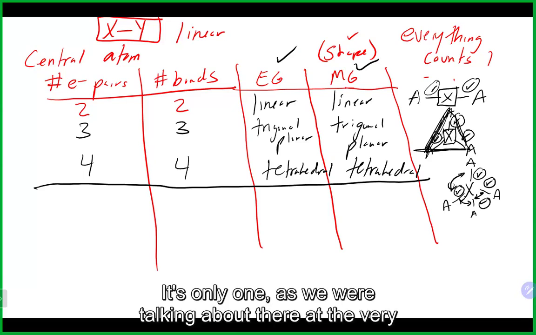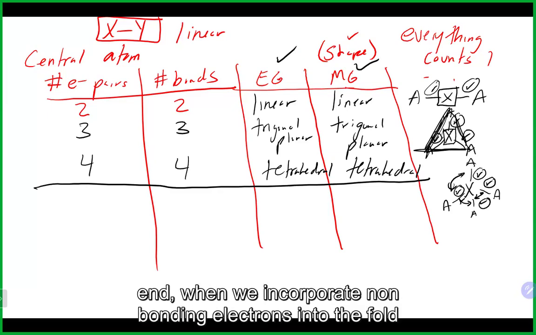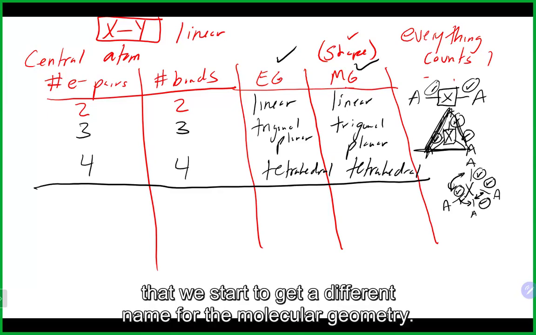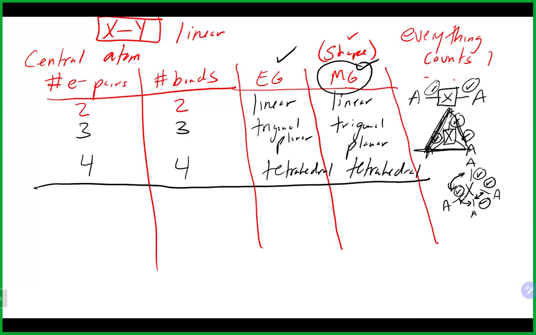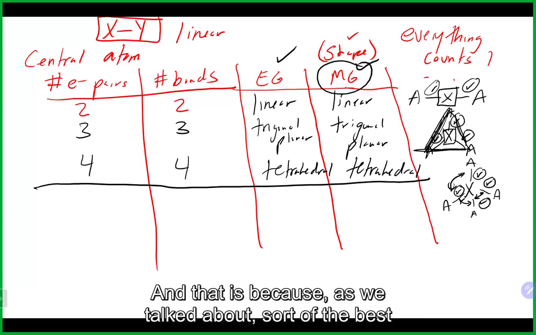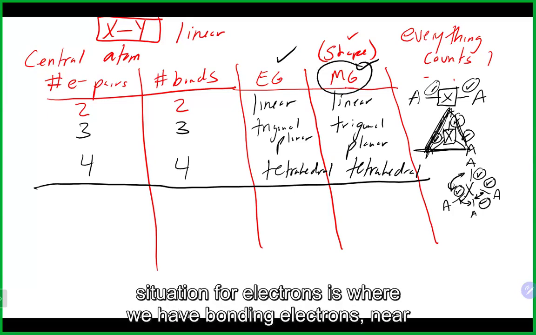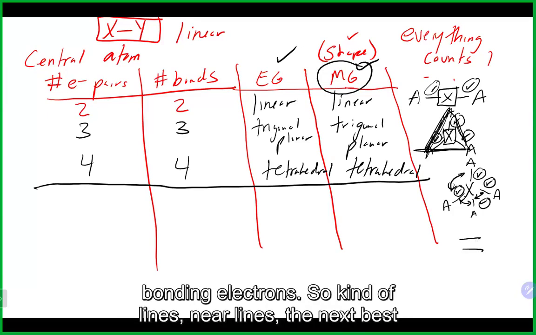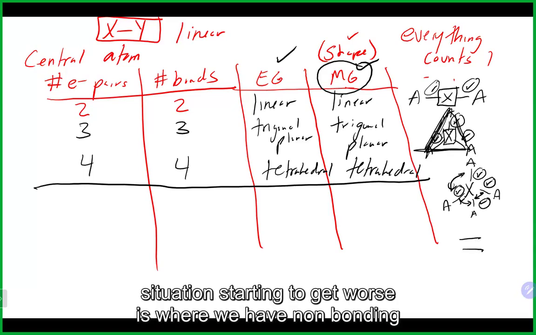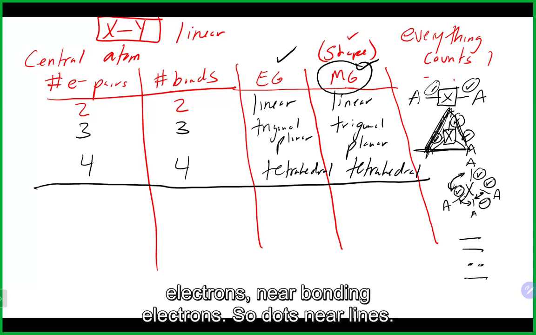It's only when, as we were talking about there at the very end, we incorporate non-bonding electrons into the fold that we start to get a different name for the molecular geometry. And that is because, as we talked about, the best situation for electrons is where we have bonding electrons near bonding electrons, so kind of lines near lines. The next best situation, starting to get worse, is where we have non-bonding electrons near bonding electrons, so dots near lines.